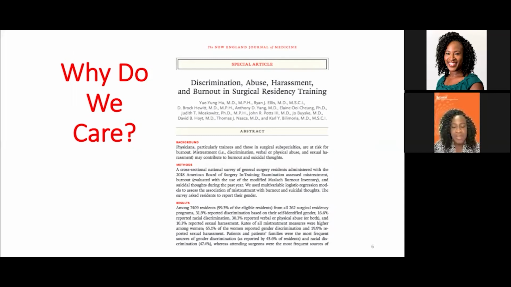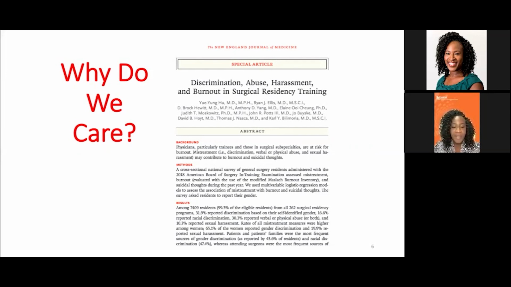Mistreatment such as discrimination, sexual harassment, or verbal abuse contributes to burnout and even sometimes suicidal thoughts. The New England Journal of Medicine in 2019 published a cross-sectional national survey of general surgery residents taking their ITEs.